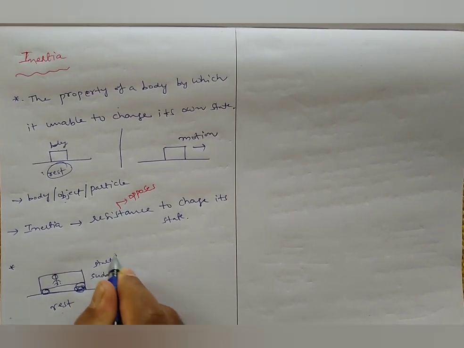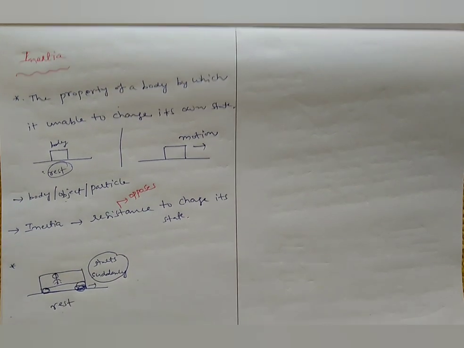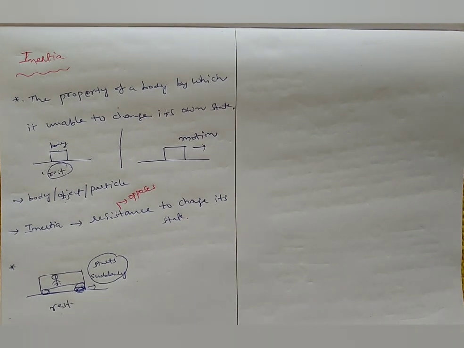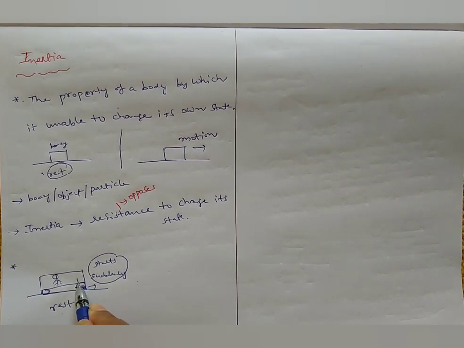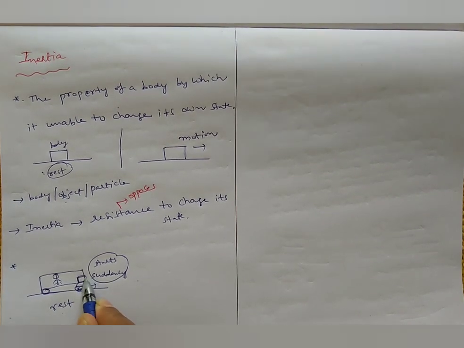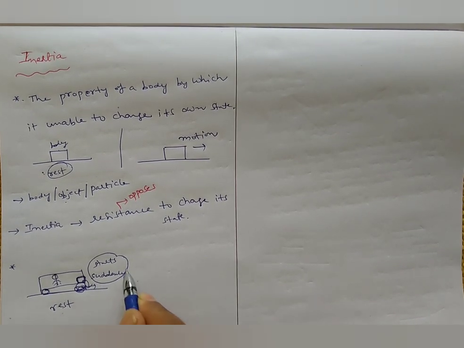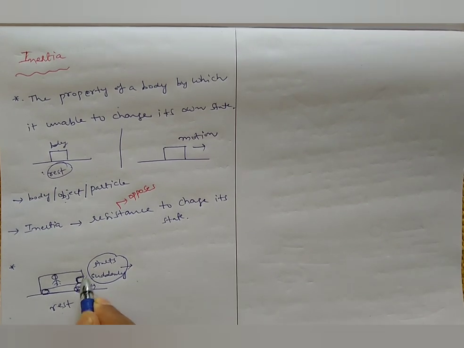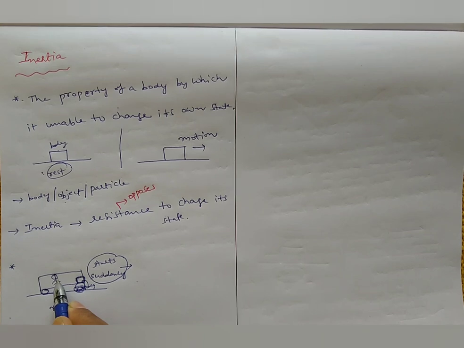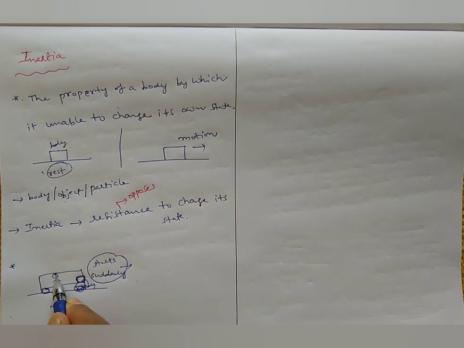if the bus starts suddenly, why does the bus start suddenly here? The driver is applying the force. So the driver who is sitting in the front seat is applying the force on the bus, so the bus starts suddenly. The driver is not applying the force on the passenger. The passenger is just standing inside the bus.